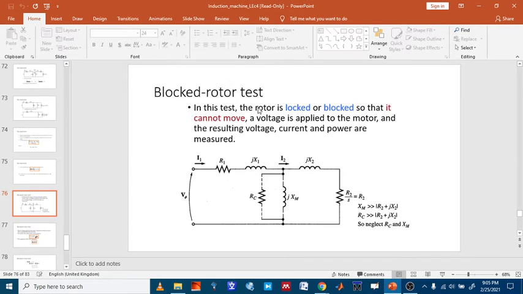So we block the motor, we prevent it from moving, and we apply voltage. We measure the applied voltage, the applied current, and the power. Do you get it?